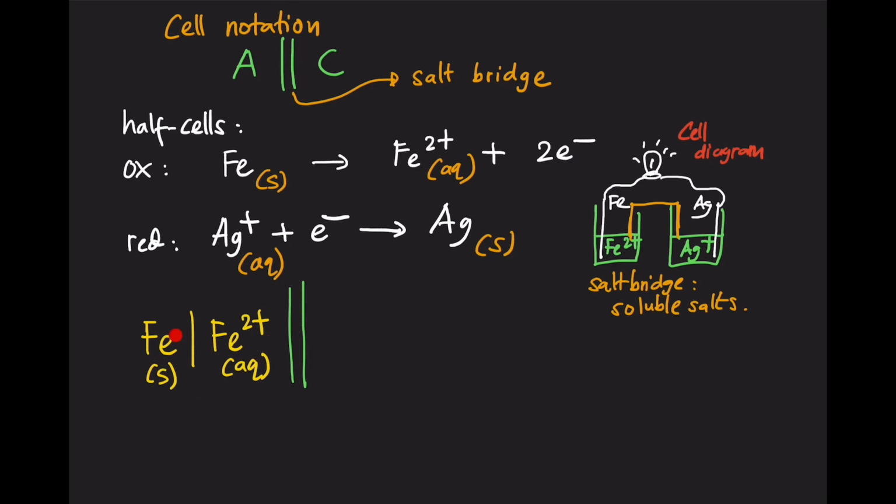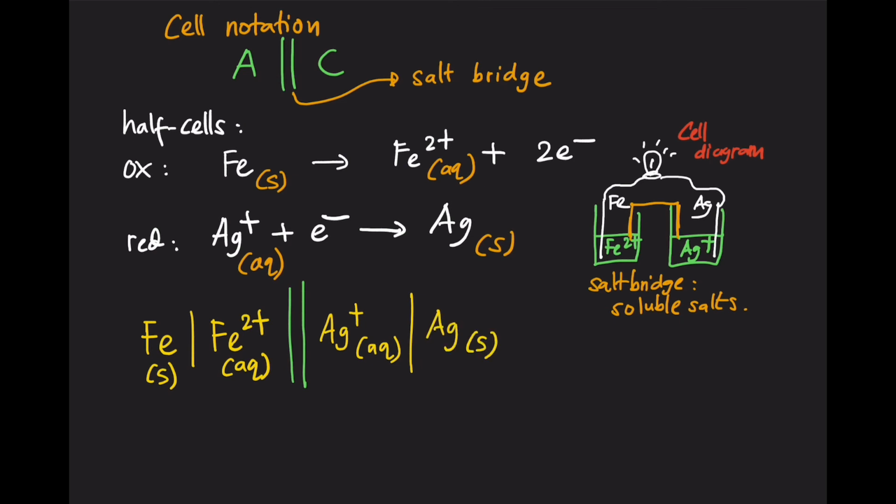So this is the anode, where we have the oxidation reaction from Fe solid, releasing electrons to form Fe2+ aqueous. Then the salt bridge, and then the cathode, which is the solution first, so Ag+ aqueous, then one line to separate the phase change, then the Ag solid.